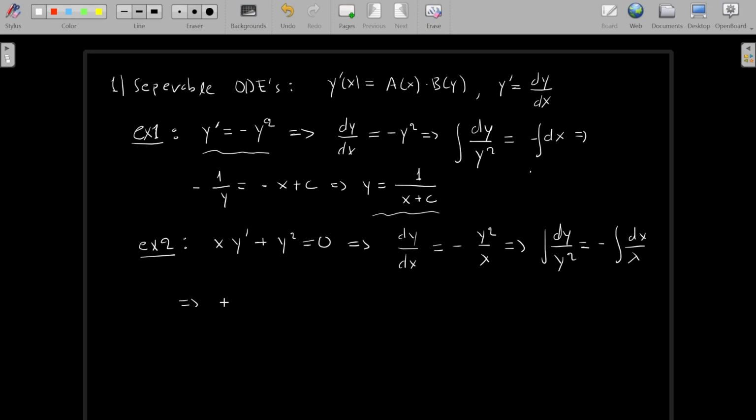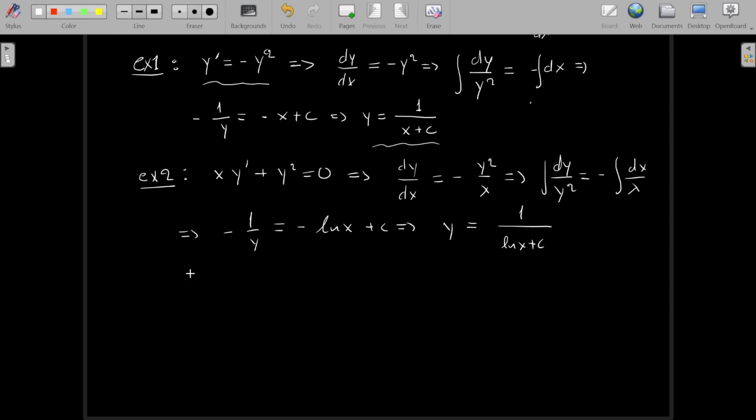This is minus 1 over y equals minus ln of x plus a constant, so y is 1 over ln of x plus a constant. Again, this constant is different to this, but it's still a constant.